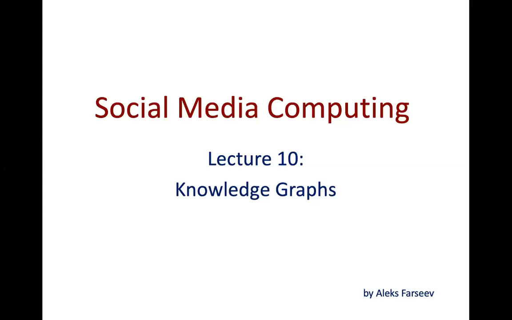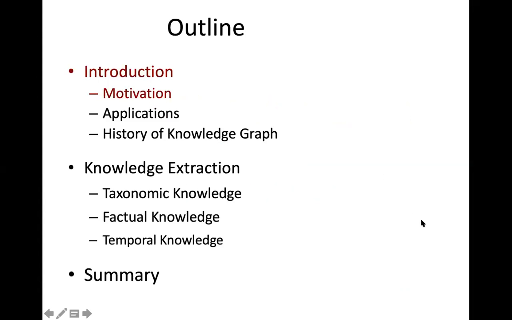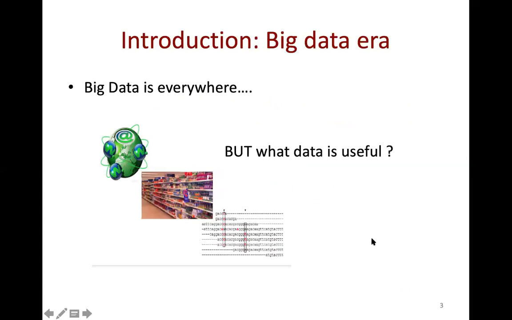It's all about making useful what our data science and AI technology can actually do for humans and to help humans. We'll talk about motivation, applications, a little bit of the knowledge graph history, and we'll talk about taxonomy, factual knowledge, and temporal knowledge.